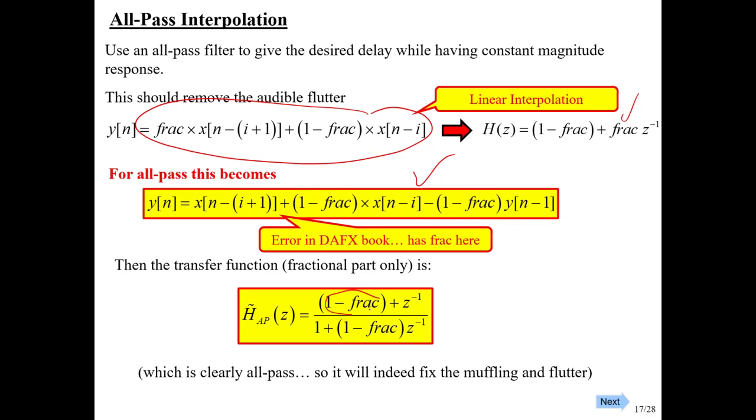So notice that we have the kind of cross-related coefficients. So this is clearly all pass, so it will not create any kind of muffling or flutter, because regardless of the frac value, the magnitude will be perfectly flat. So we fix that. The question is, does this give us the right delays?